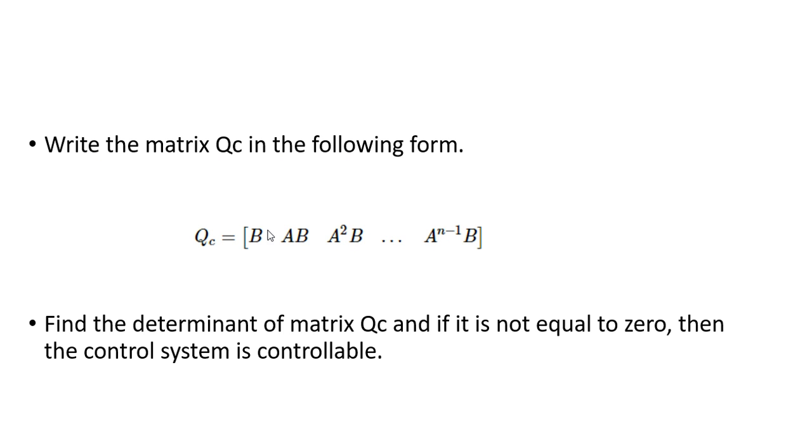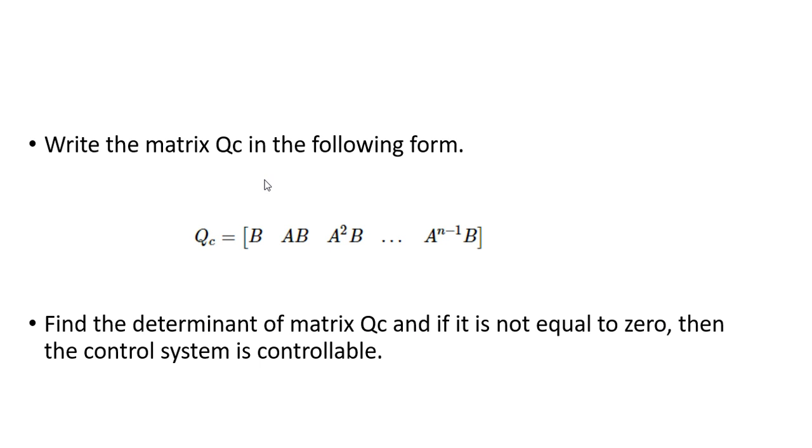This is a matrix form. Now we have to find this QC first, with the help of B and A, and find the determinant of the matrix QC, and if it is not equal to 0, then the control system is controllable.